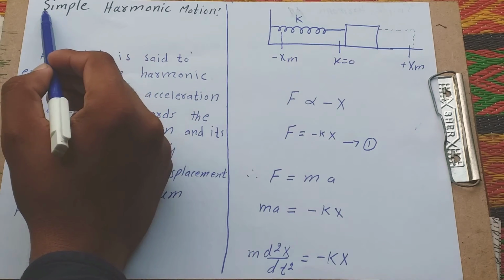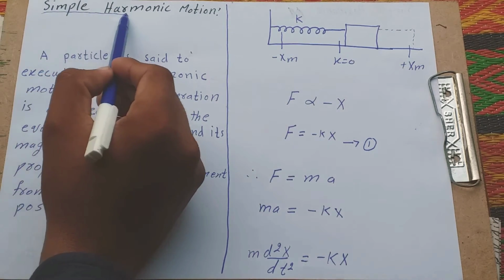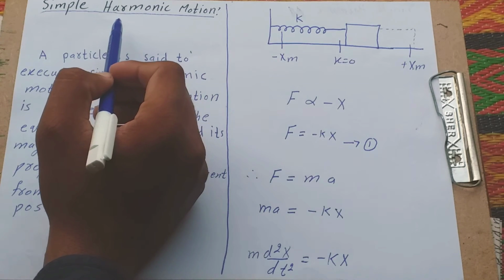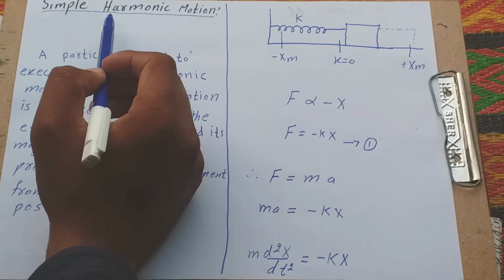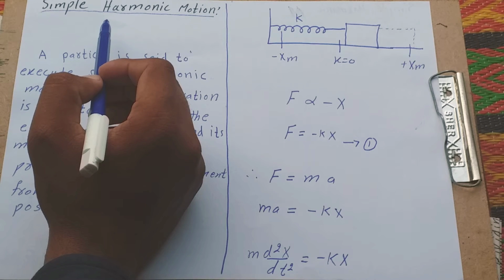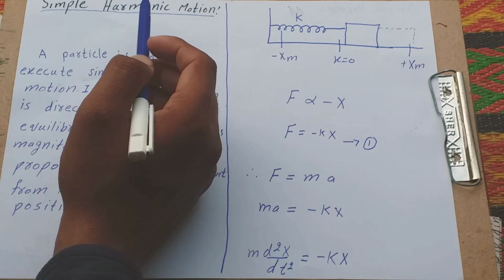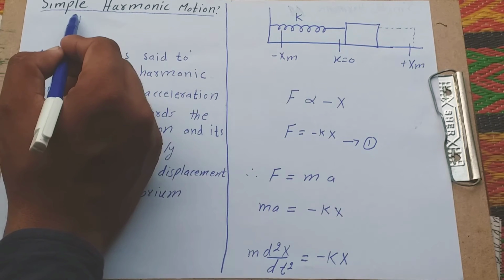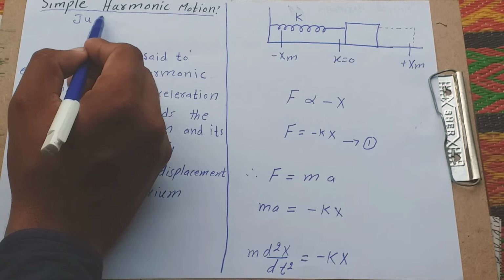Today our topic is simple harmonic motion. The discovery was first published in 1822 by the French mathematician Joseph Fourier.